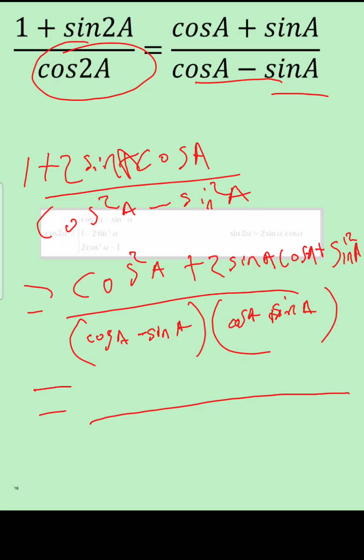We know this type of factorization that says x squared plus 2xy plus y squared. When you factorize this, this is open brackets x plus y, x plus y. So we're going to follow the same.